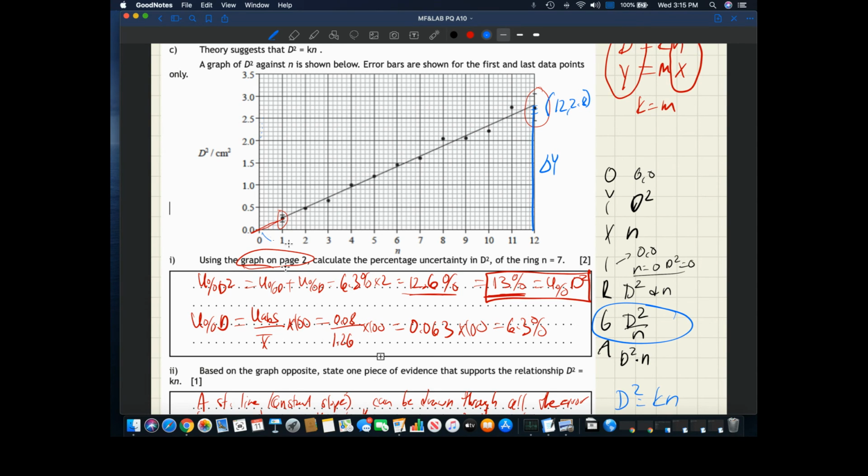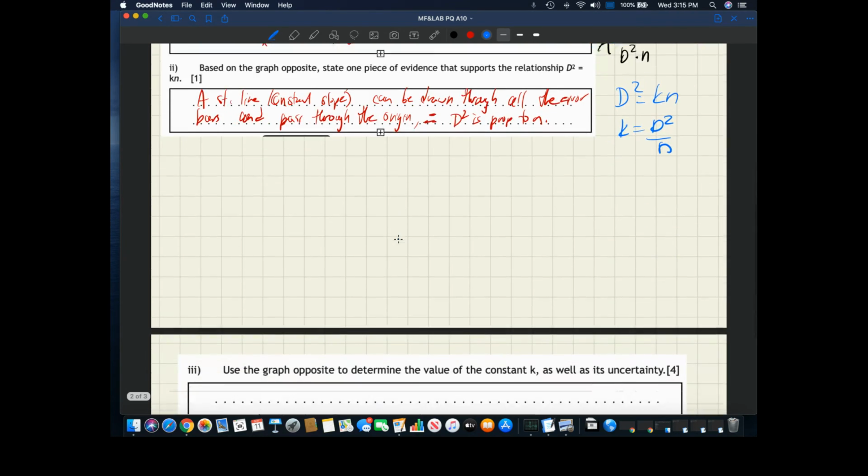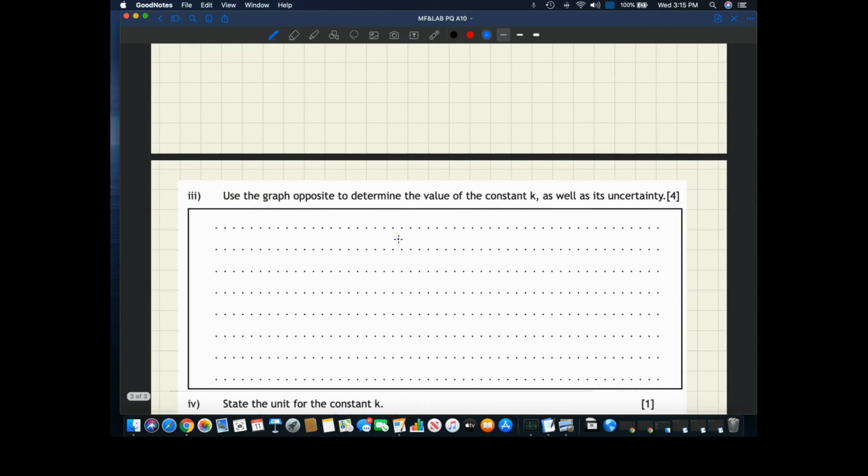And the delta x, in this case, is 12. So we're going to say explicitly K is the gradient. So m equals delta y over delta x.